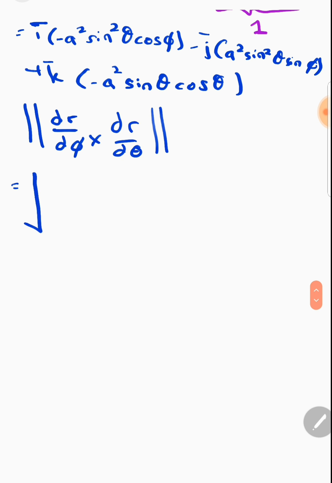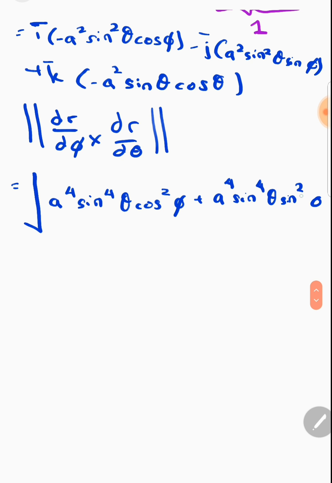I'm not going to write the horizontal line here, but take each component individually: a power 4 sine power 4 theta cos square phi, plus a power 4 sine power 4 theta sine square phi, and plus, I have no space here so I'm just going to continue it here, a power of 4 sine power of 2 theta cos square theta.